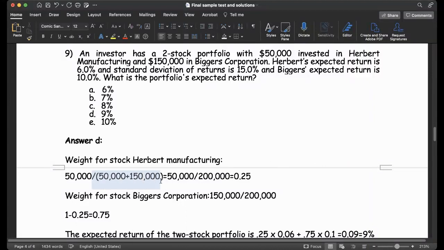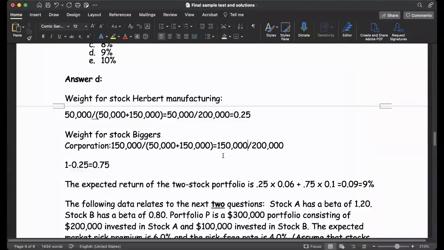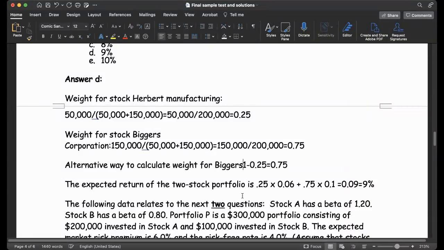Okay, so it could be more clear if we do it this way. 0.75. Alternative way to calculate weight for Biggers.